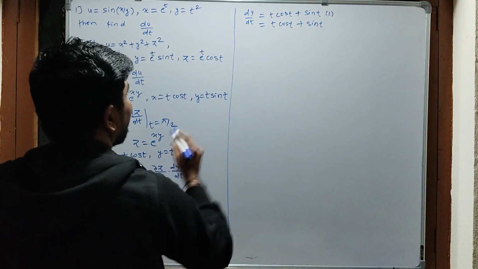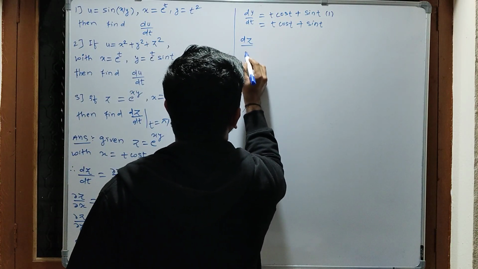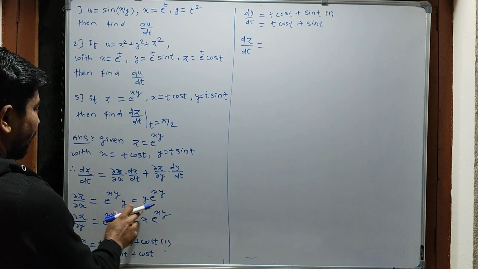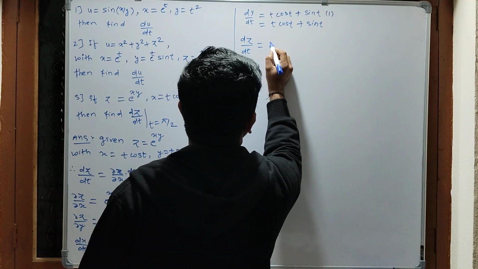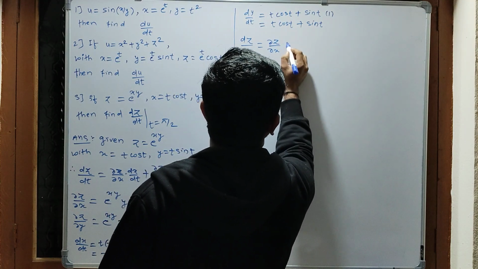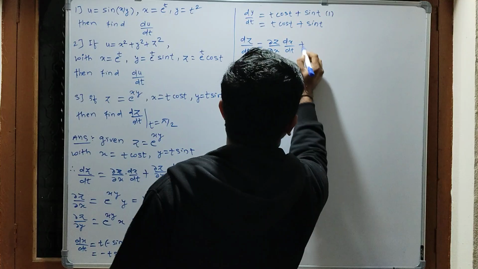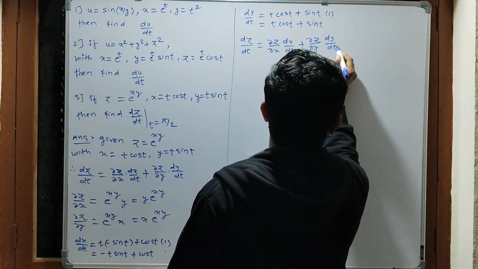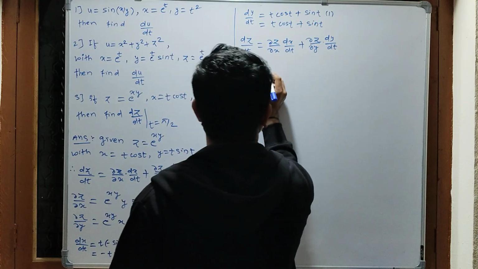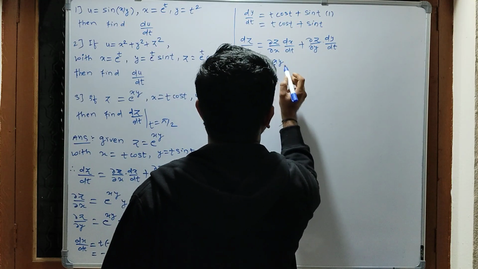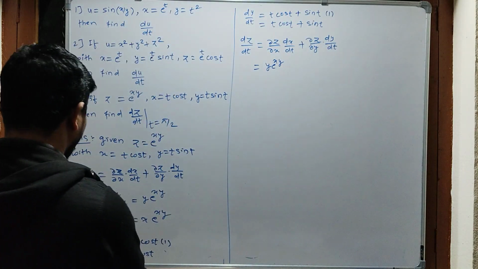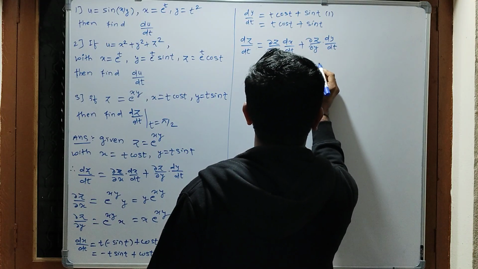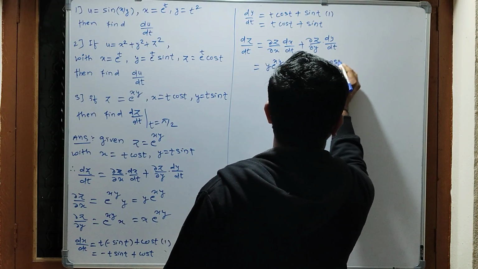Now therefore the total derivative of z with respect to the single variable t is equal to ∂z/∂x into dx/dt plus ∂z/∂y into dy/dt. ∂z/∂x is y times e to the power xy, and dx/dt is this, minus t sin t plus cos t.